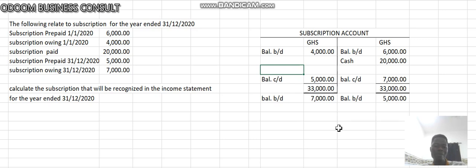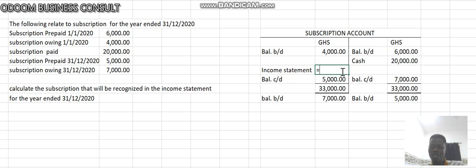So we have been asked to calculate the amount that will be taken to the income statement. So we can just name it income statement.